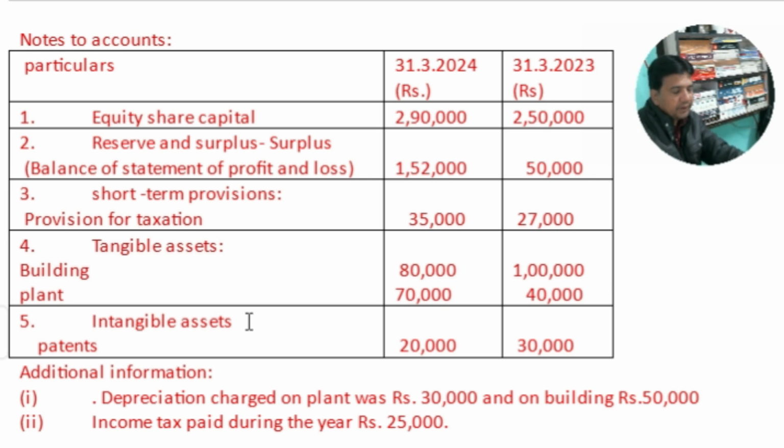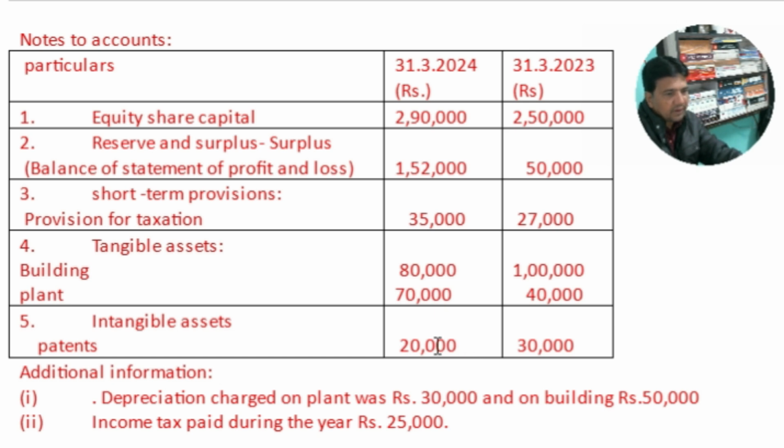Intangible assets might be goodwill, trademark, copyright. Here the intangible assets has only patents. It means it has no goodwill, only patents. So from 2023 to 2024 the balance is decreasing by 10,000, it is written off.